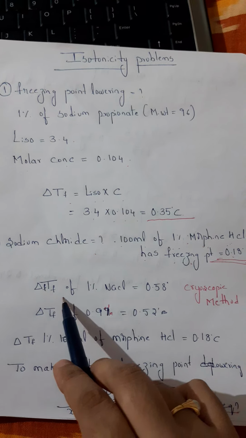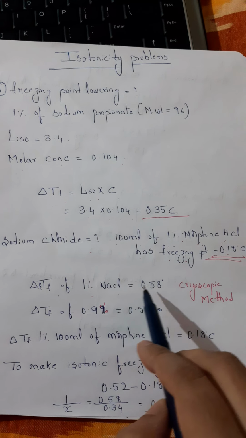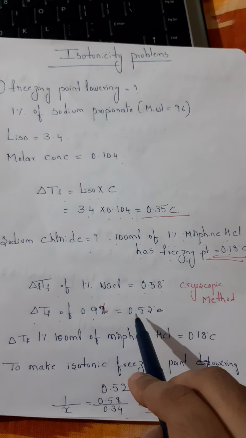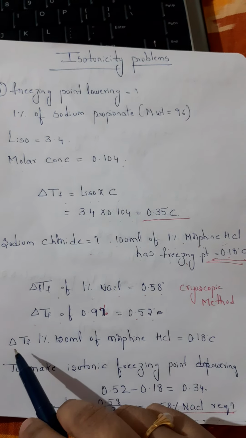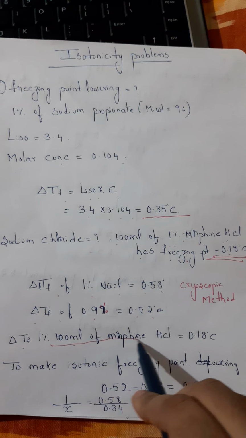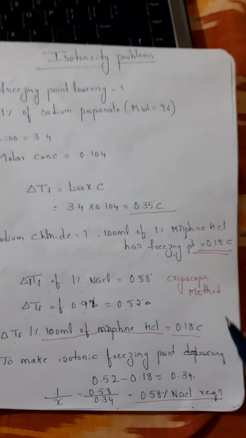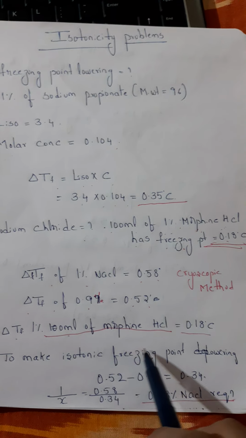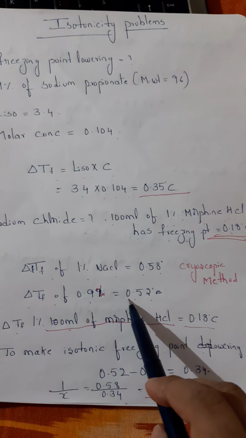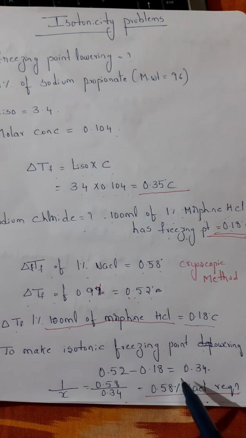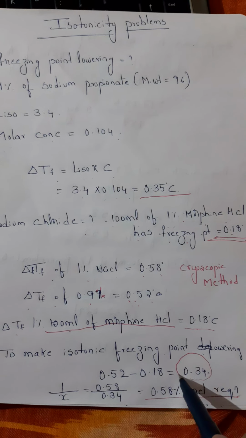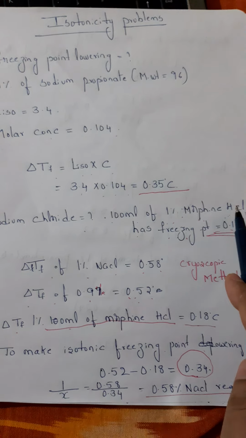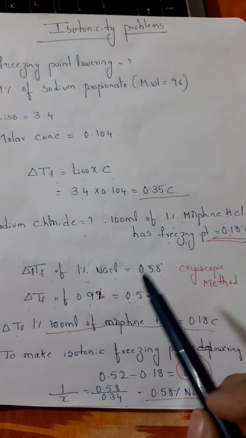The freezing point lowering of 1% sodium chloride is 0.58 and of 0.9% sodium chloride is 0.52. To make it isotonic, the freezing point lowering needed is 0.52 minus 0.18, that is equal to 0.34. So 0.34 is required to make the 1% morphine hydrochloride isotonic with the body fluids.